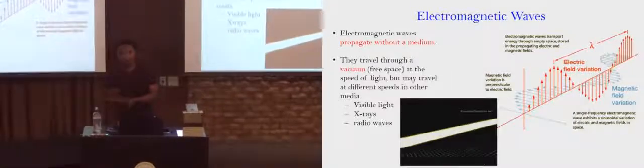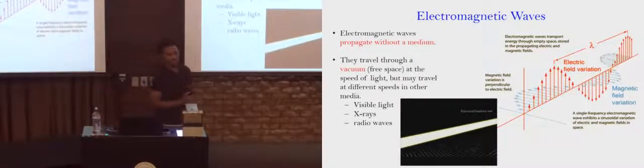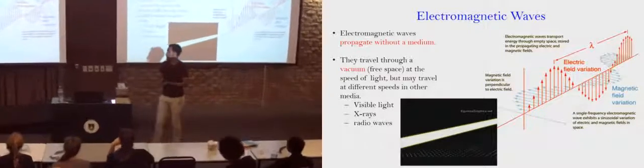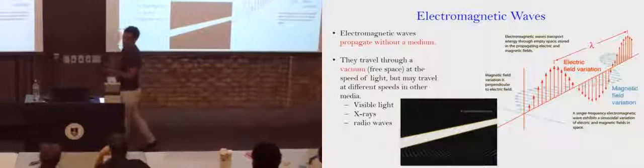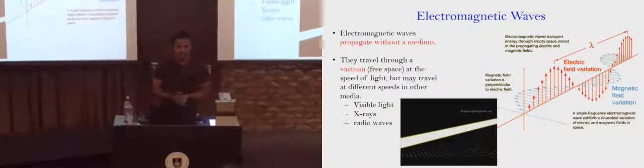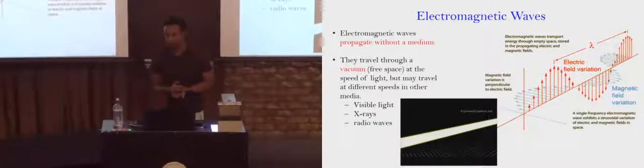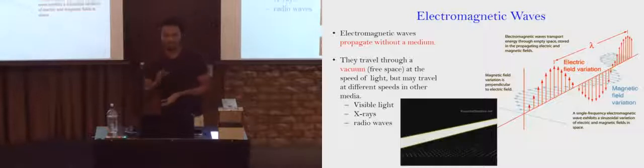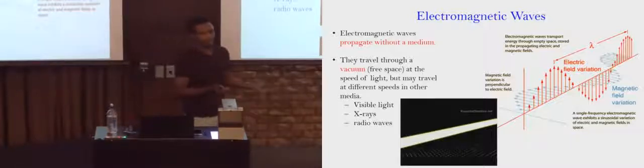The second part of waves is electromagnetic waves, which do not require a medium to transfer. So electromagnetic waves propagate without a medium. They can propagate through a medium, but they don't need a medium to transfer. They can propagate through a vacuum.